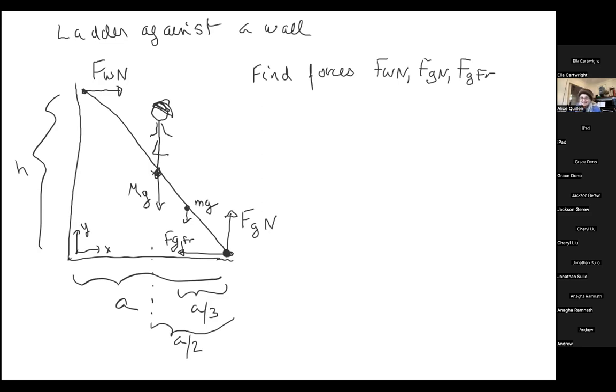This would seem more complicated, but it's 2-dimensional. So we actually have 2 force constraints. When you sum all the forces, you have an X and a Y component, so it's not as bad as it sounds. So we have 2 force equations for the X and Y components, and then you choose a torque constraint, like either from the bottom of the ladder or the top of the ladder.